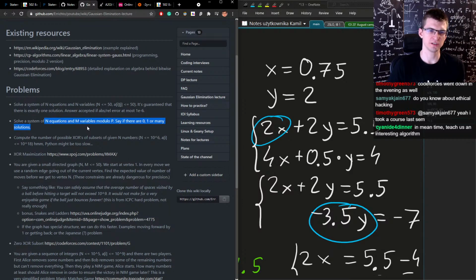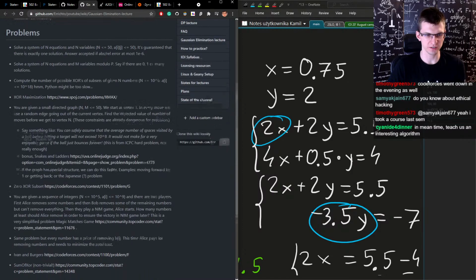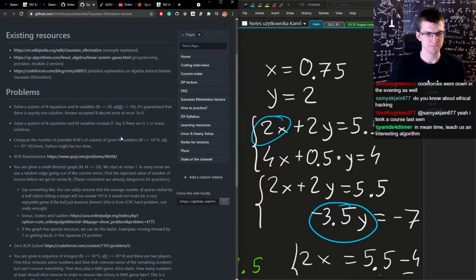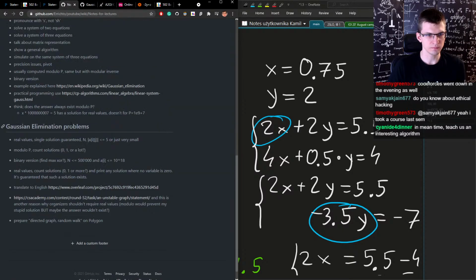We need to prepare samples for that. Modulo p, does it matter? Yeah, actually, there was some kind of to-do here, or maybe not. Was there? Maybe here.